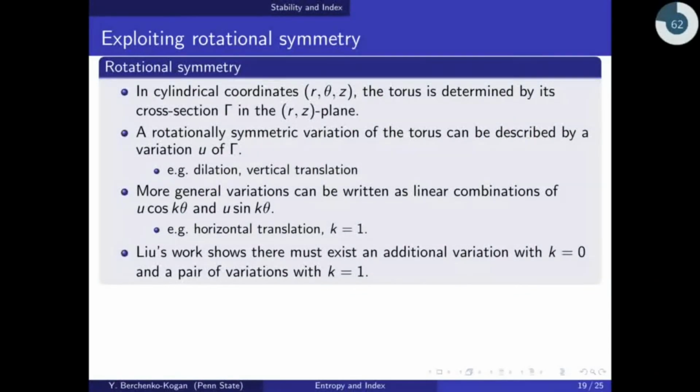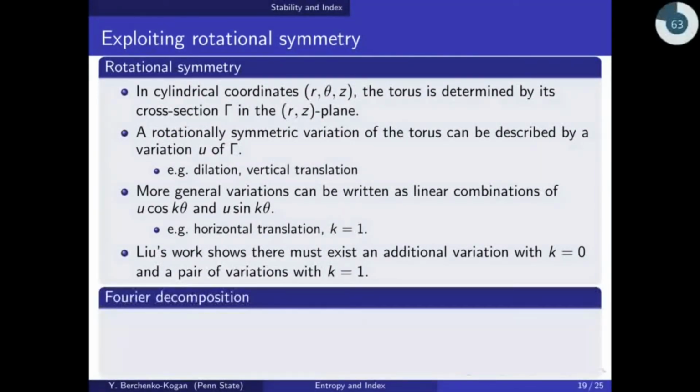So the way Liu's proof works is he shows that, because there are these trivial variations of dilations and vertical translation in k equals 0 and horizontal translation in k equals 1, there actually must exist other variations in those Fourier modes with lower eigenvalues.